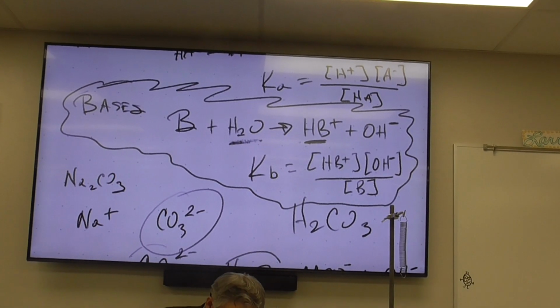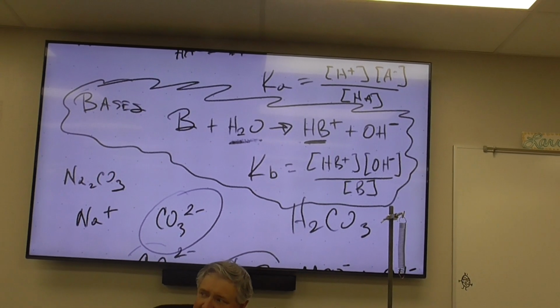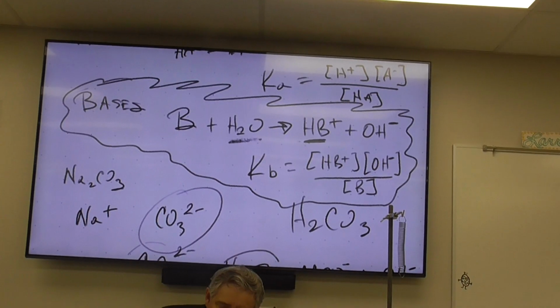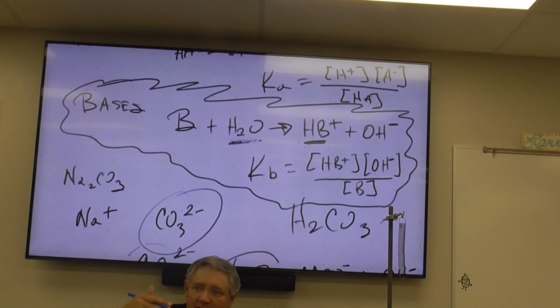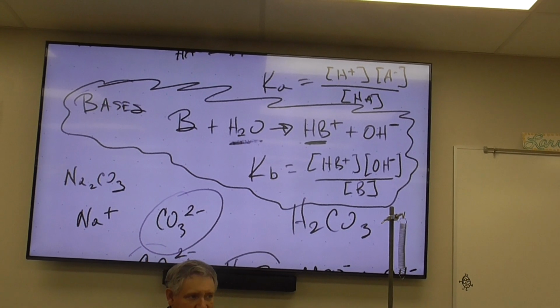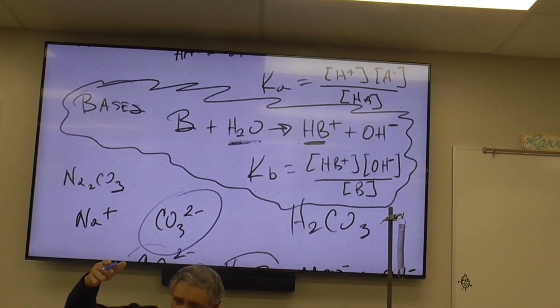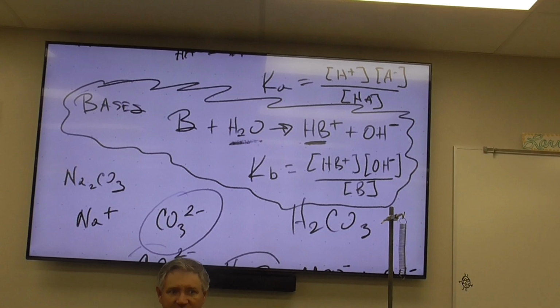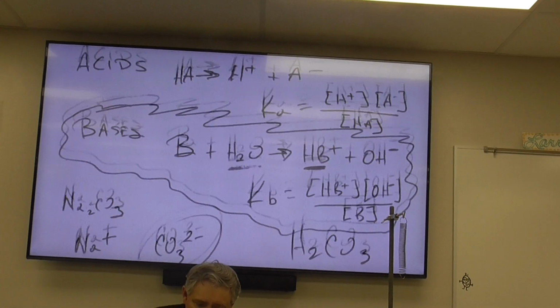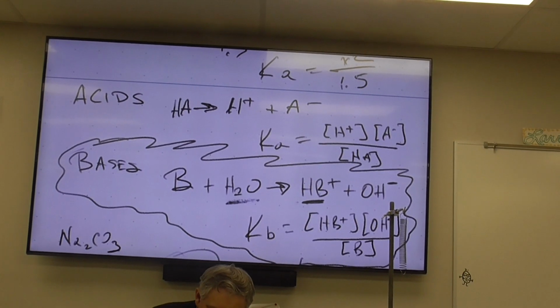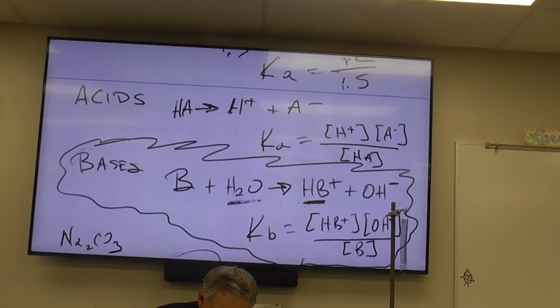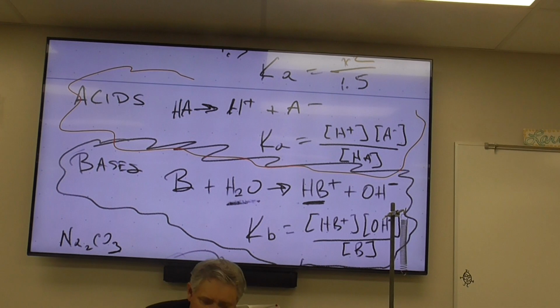Now, it's the same idea in terms of how you calculate Kb. It's still products over reactants. So it's still the concentration of your HB plus times the concentration of your hydroxide divided by the concentration of the base. So mathematically, it has the same format as your acid does.